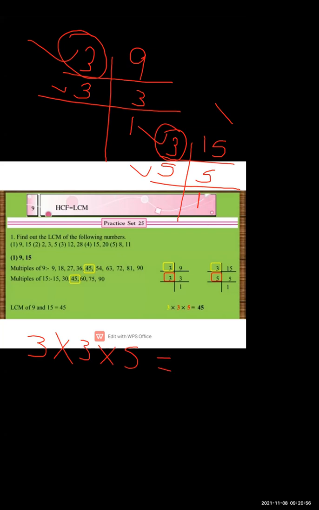So what answer will we get? 3 threes are 9, 9 fives are, come on, write down in the chat box. 9 fives are 45. Very good. So this is the second method of solving the LCM.